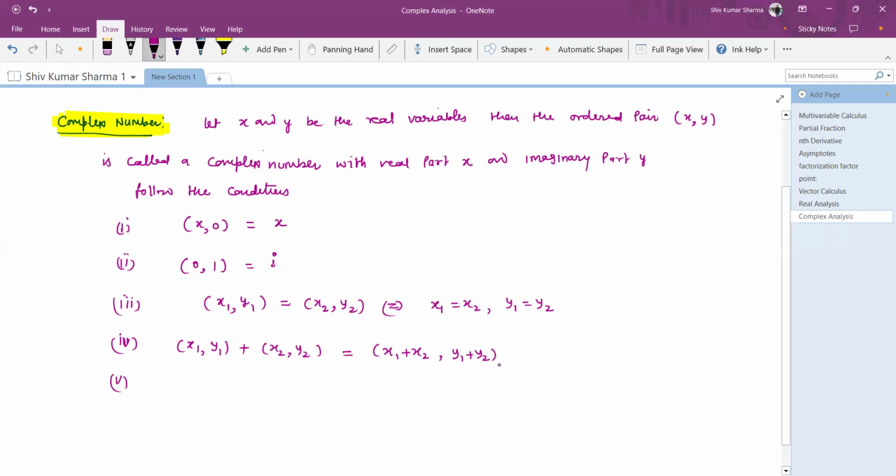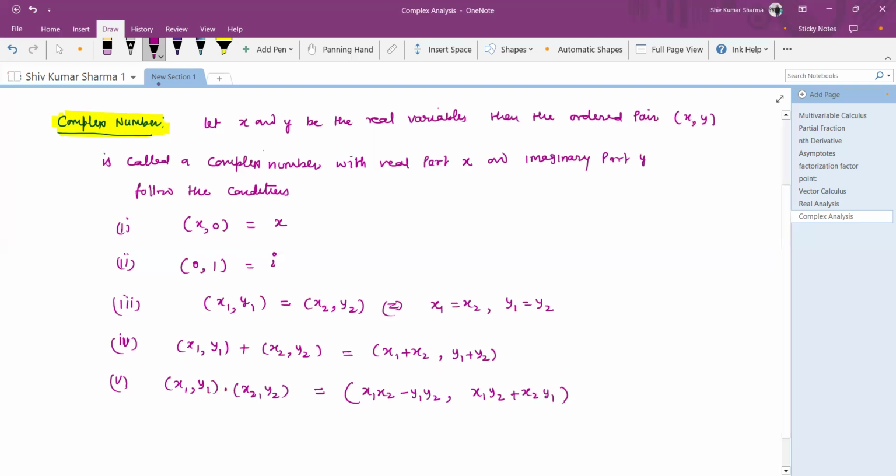The fifth one is when we multiply two ordered pairs, that is, two complex numbers: (x1, y1) into (x2, y2). When we multiply the two numbers, we write this as (x1 x2 minus y1 y2, x1 y2 plus x2 y1).